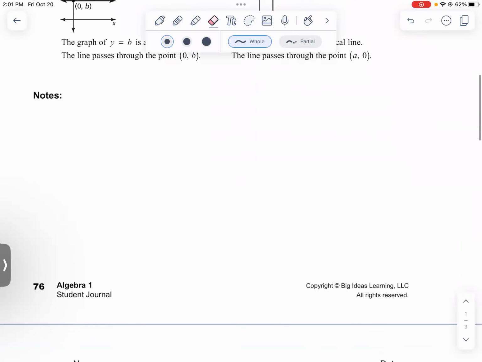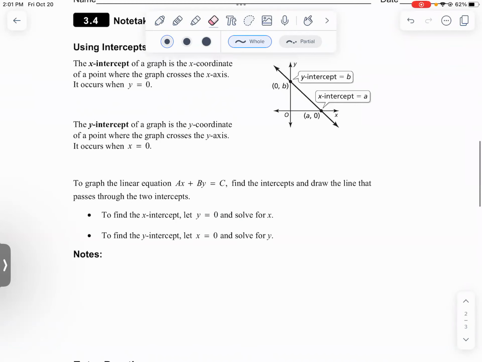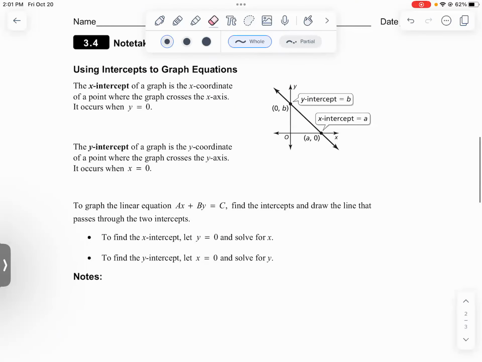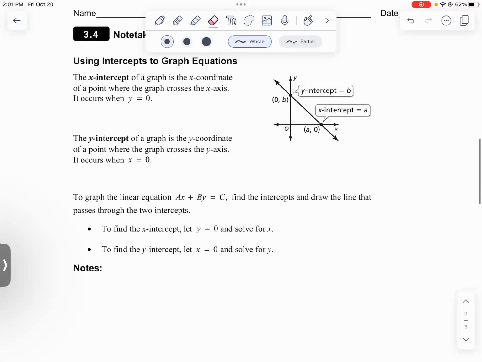All right. So we're going to kind of bounce around back and forth. When we have a line that's in standard form, what we can do is plug in 0 for y to solve for the x-intercept.